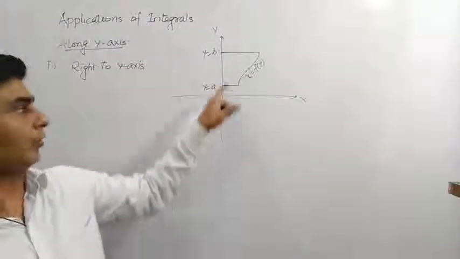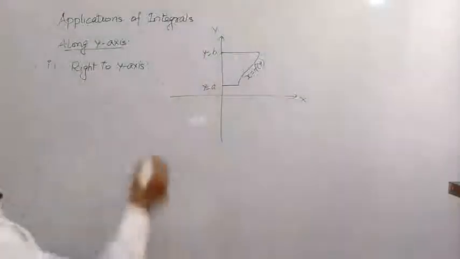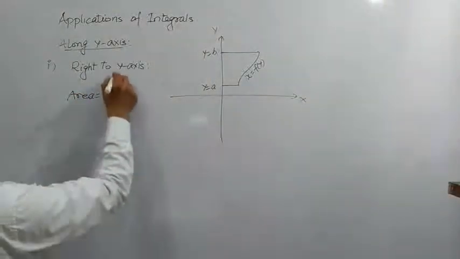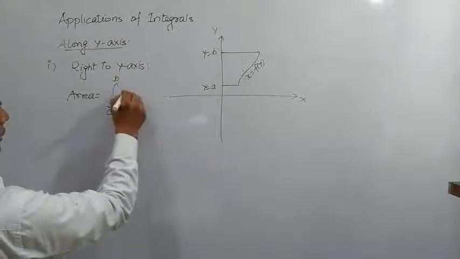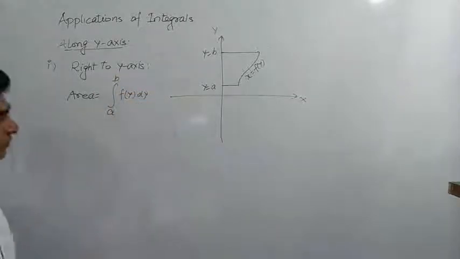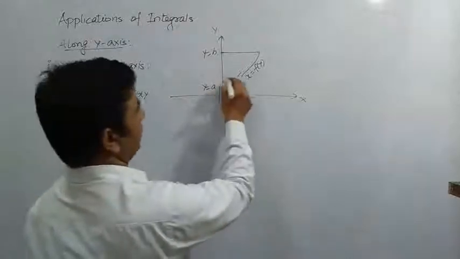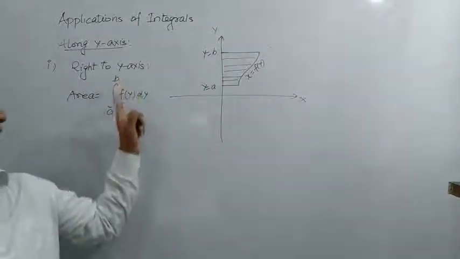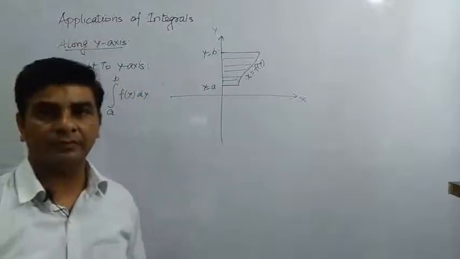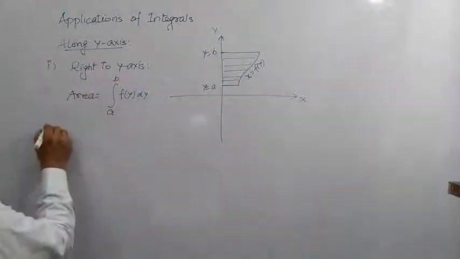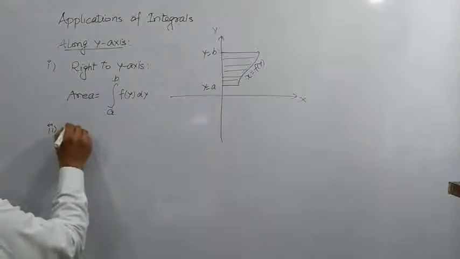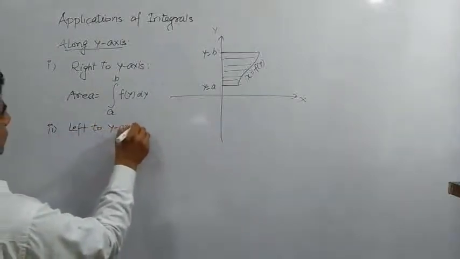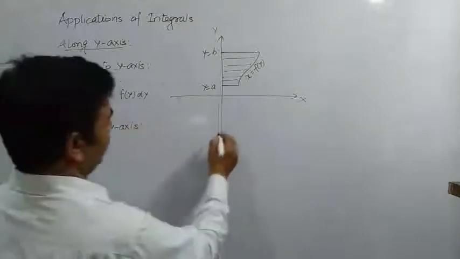Then the area bounded from a to b is given by the integral from a to b of f of y into dy. So this bounded region can be obtained through integration by taking the limit from a to b of f of y into dy. But in case it is to the left of the y-axis, the figure may be like this.